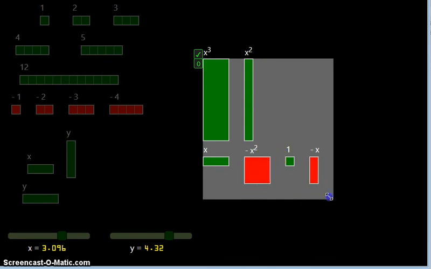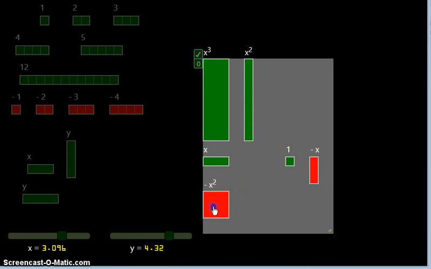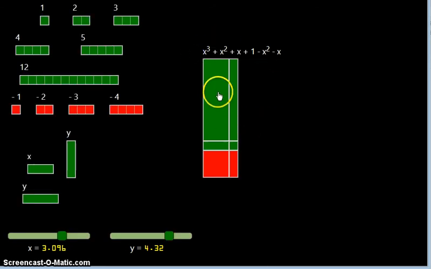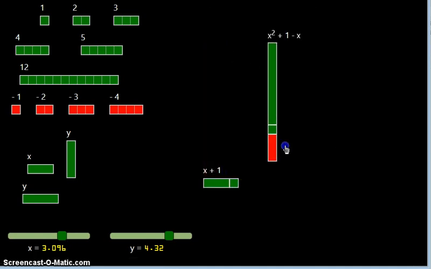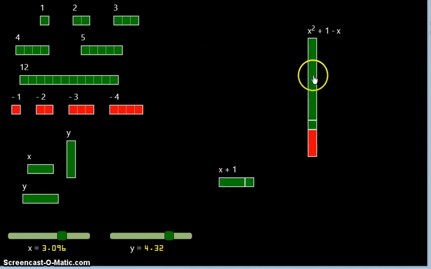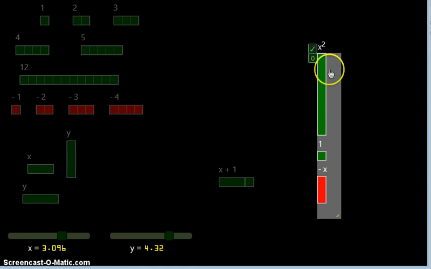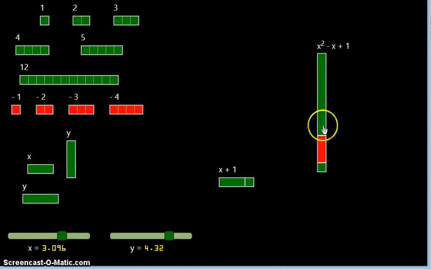A little bug, or it didn't quite understand what I wanted. There we go. So now I'm going to right-click factor, and it's factored it. And if you don't like the fact that this factor is not in standard form, I will simply rearrange that. And now x squared minus x plus 1.